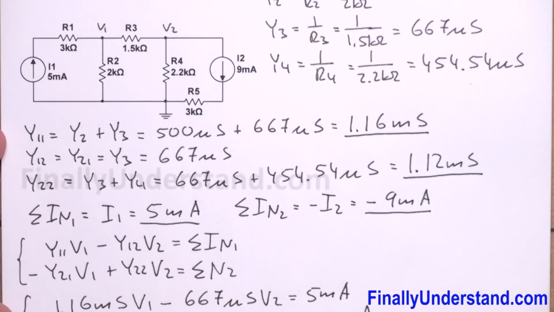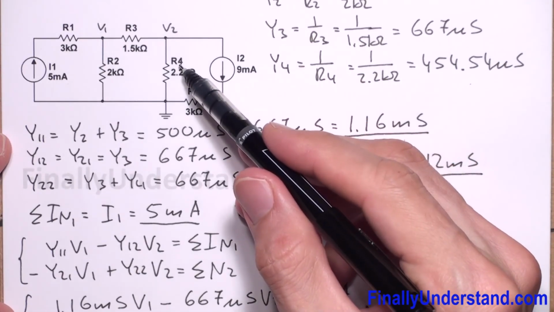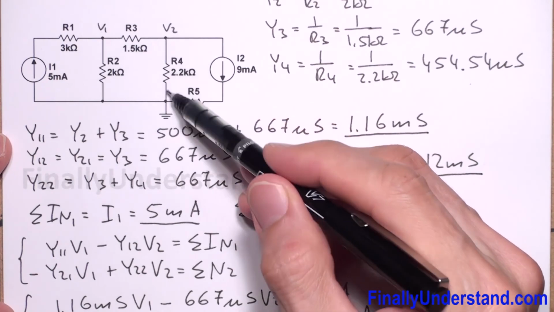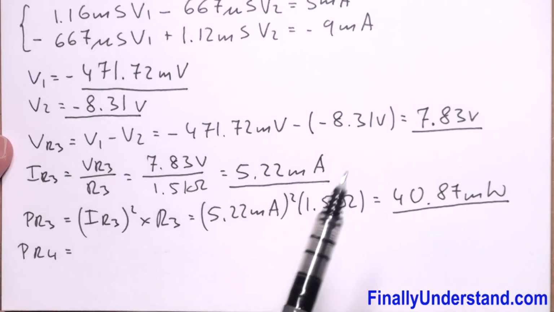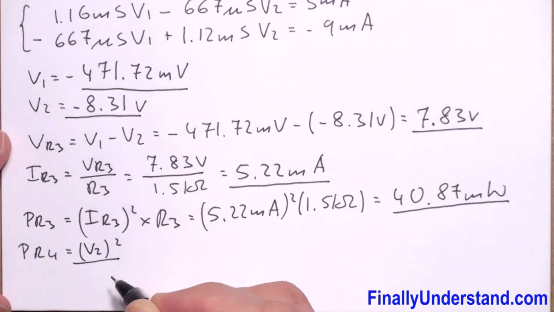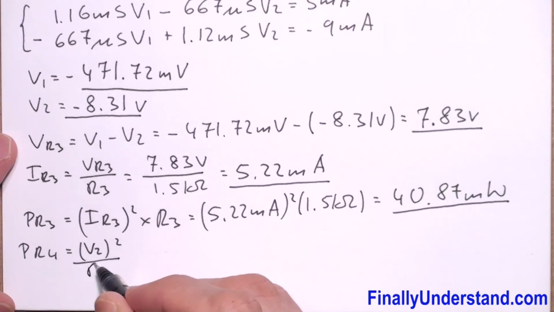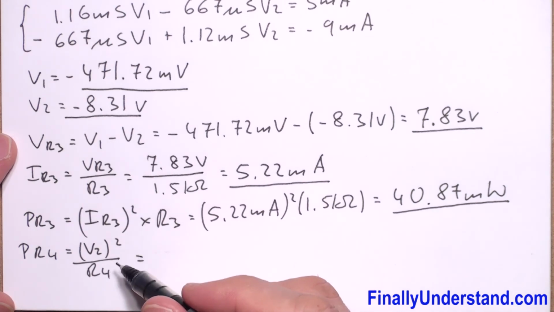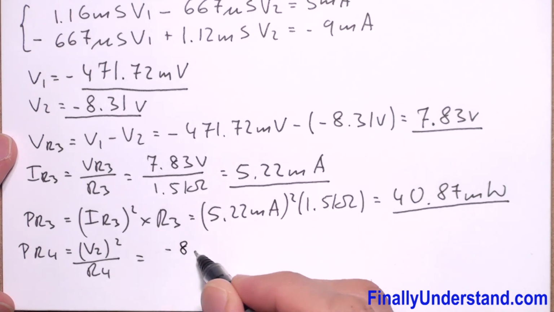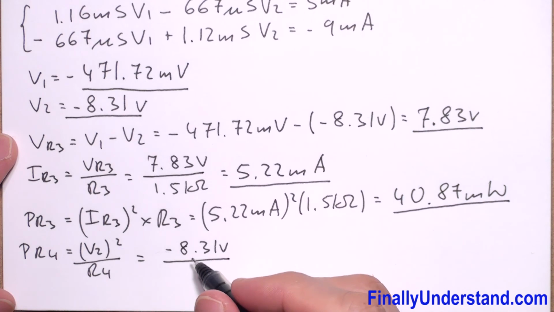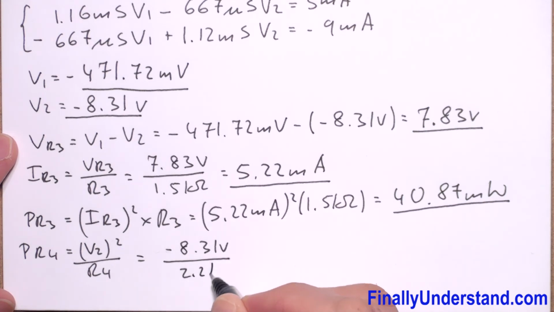If you want to find the power at resistor R4, keep in mind that the voltage across resistor R4 is equal to V2, because V2 appears across this resistor. That's why I'm going to write that PR4 is equal V2 to the second power over R4. So this is equal, I have V2 equals negative 8.31 volts we found over R4, which is equal 2.2 kiloohms.